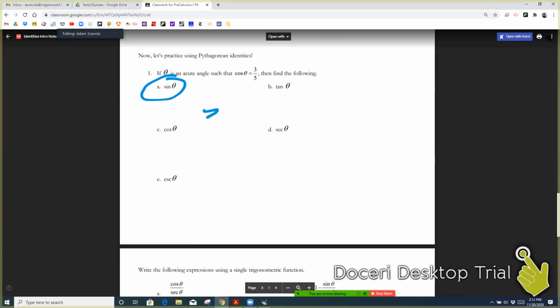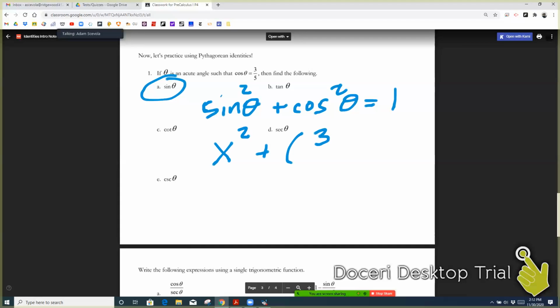I know that sine squared plus cosine squared is equal to 1. So we're looking for the sine of x, and I'll write that as x squared plus cosine squared. Well, I know that's 3 over 5, squared, which equals 1.